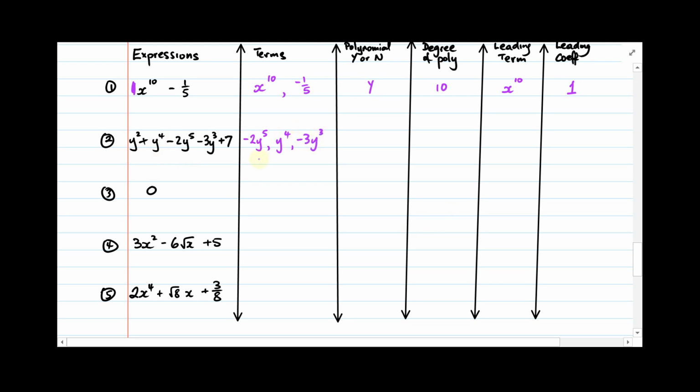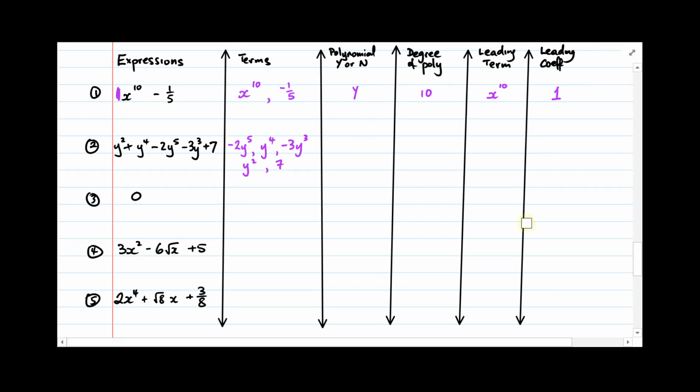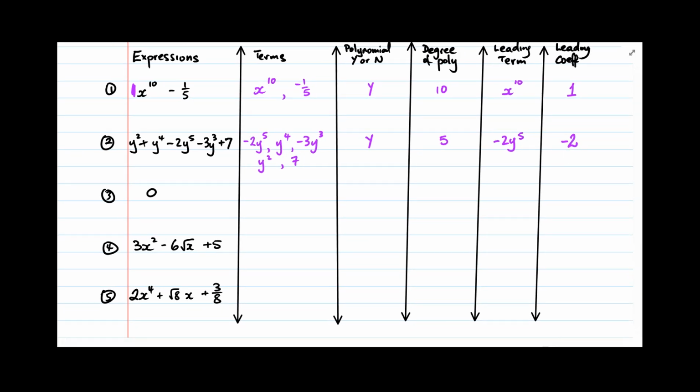Next I have y squared. And then finally 7. So I have 5 terms in my polynomial. They're of the right form, that is nice whole number powers, and the overall degree is 5. The leading term is -2y to the 5th, and the leading coefficient, the numerical coefficient, is -2.